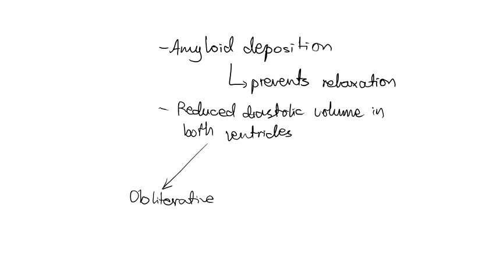So if we have a look at a cross-section of the left ventricle, an intramural thrombus, or an intracavity thrombus, is when there is a formation of a thrombotic plaque within the actual cavity of the left ventricle.